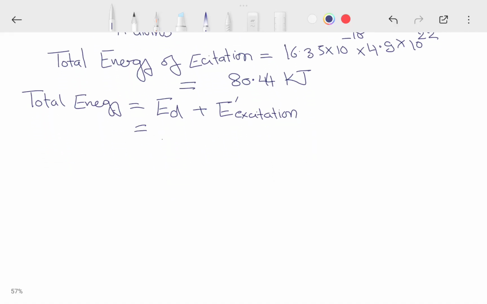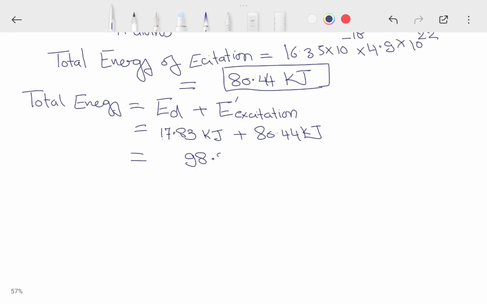Energy of dissociation is 17.83 kilojoule, and energy of excitation is 80.44 kilojoule. Now adding both these, we get 98.27 kilojoules, and this is our answer. Thank you.